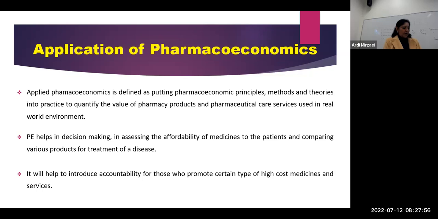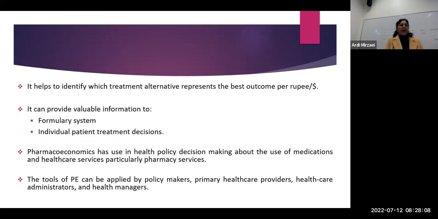Because we are not compromising on the effectiveness here, nowhere. Effectiveness will be the same. Keeping the effectiveness the same, which is the most affordable method is what we're looking at. It helps to identify which treatment option represents the best outcome for rupees or dollars. It can provide valuable information to the formulary system as well as individual patient treatment decisions.